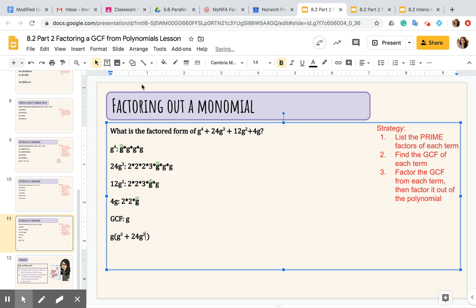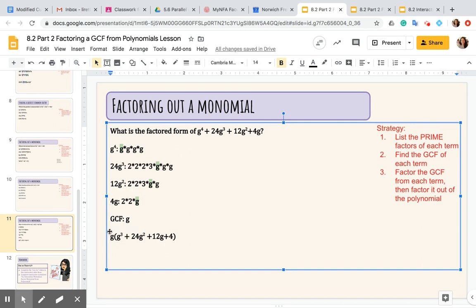That's just going to be g squared. 12 divided by 1 is just 12. All I can do is simplify how many g's I have left. g squared divided by g is just g. I'm just subtracting the exponents. 2 minus 1 gives me 1. And then 4 divided by 1 is just 4. g divided by g is just 1. So I don't include the g.